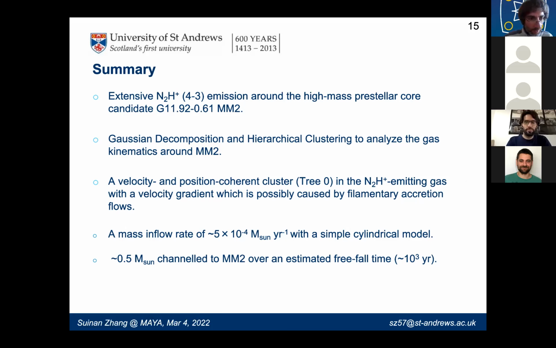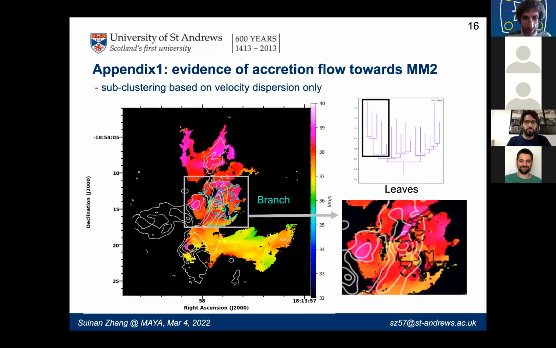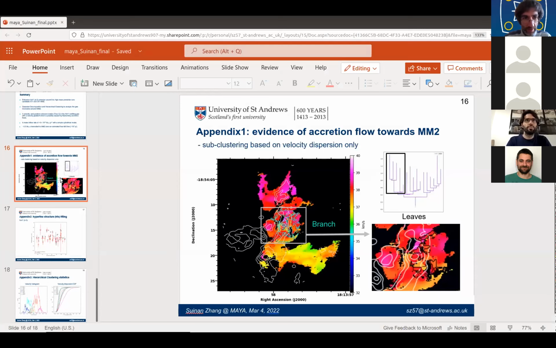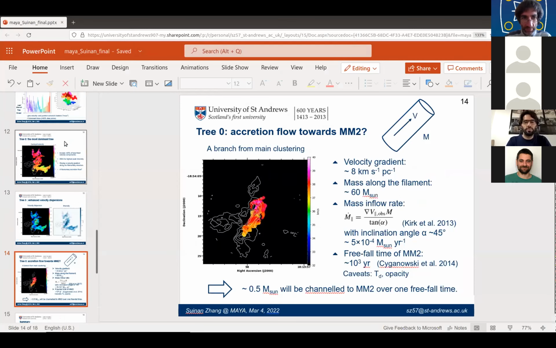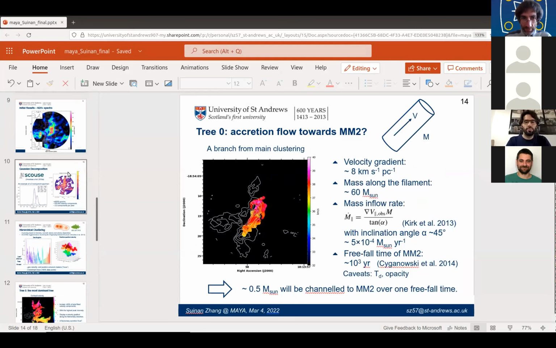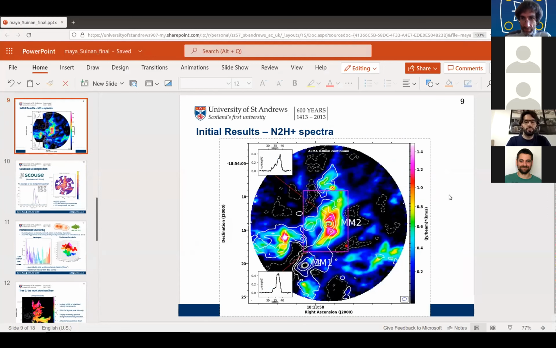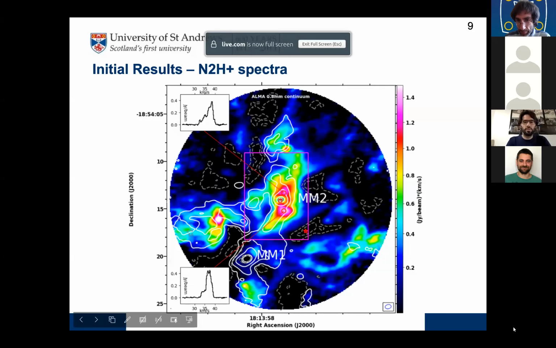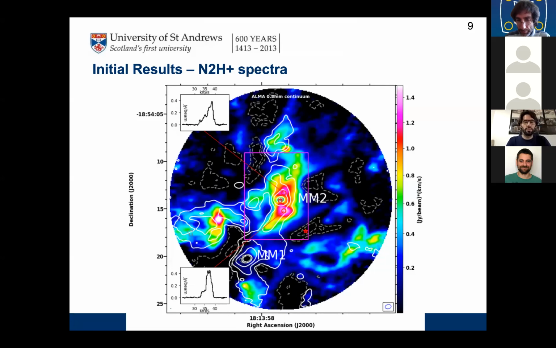Yes, so we have first a question about the dashed contours in slide 9. Do they correspond to 3 and 5 sigma negative emission? Maybe you can show it again.